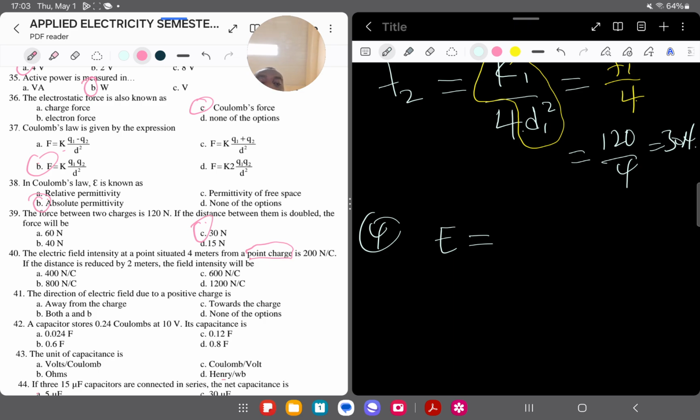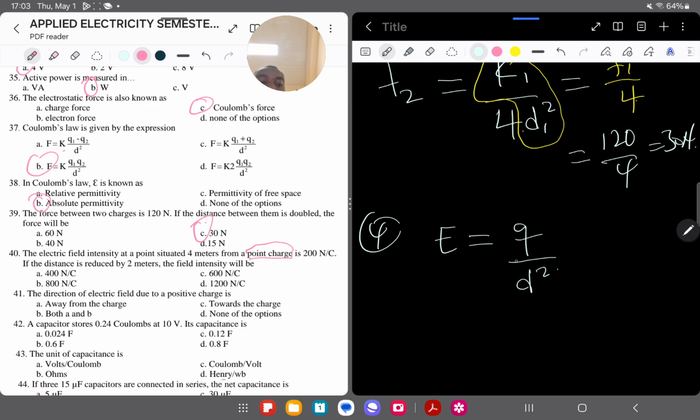So we can write the formula for electric field intensity, which is the force exerted on 1 coulomb of charge. That means we get E equals k q over d squared.